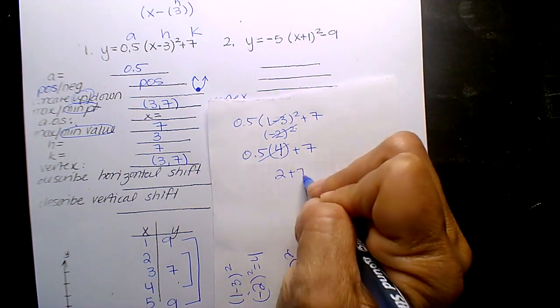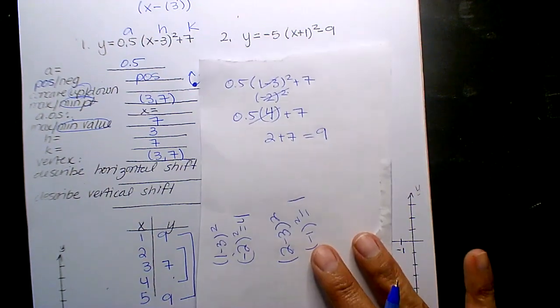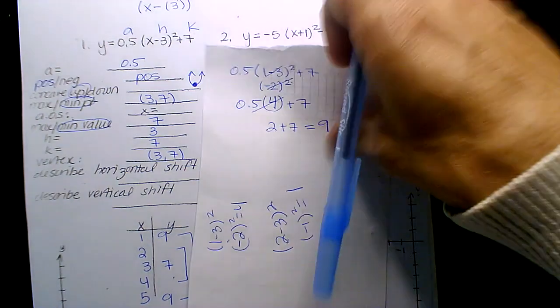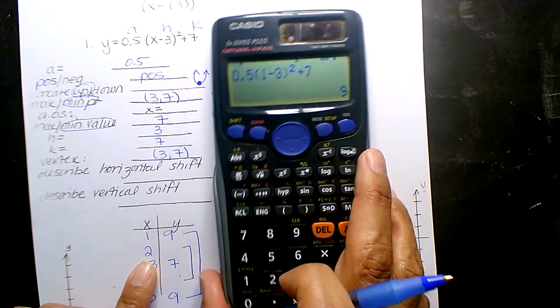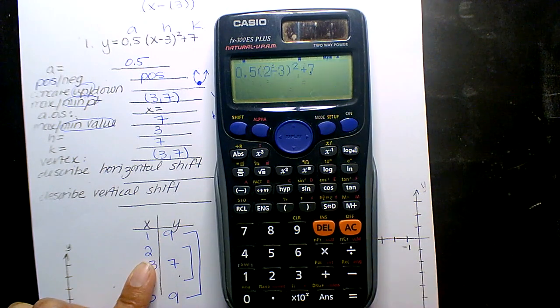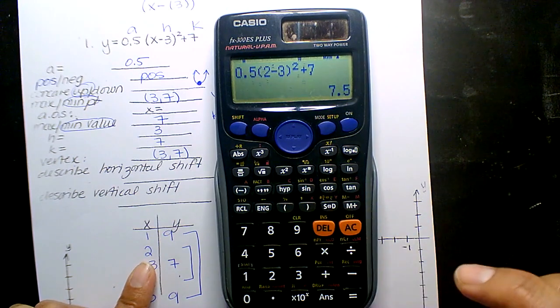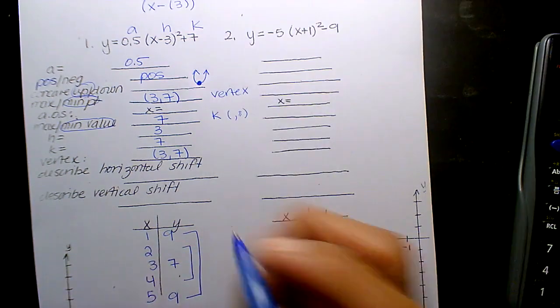This is 2 plus 7. There's my 9. Right? So calculator or step by step, it should be the same. Okay. 2. So now let's substitute 2. And if you don't clear the calculator, I get 7.5.